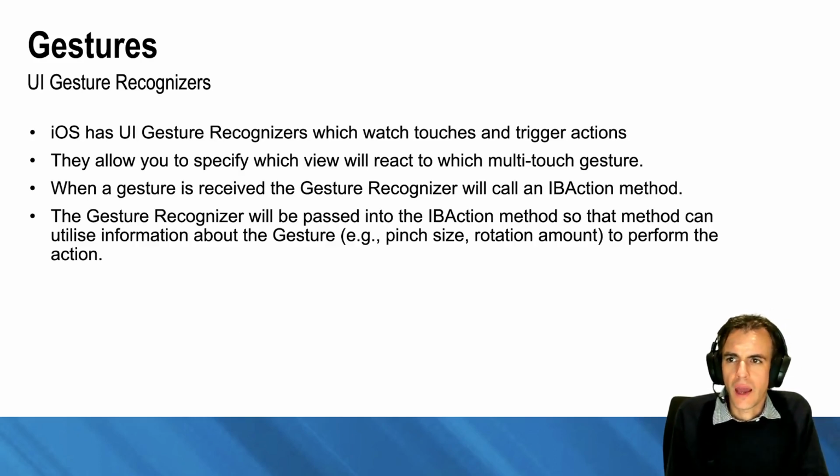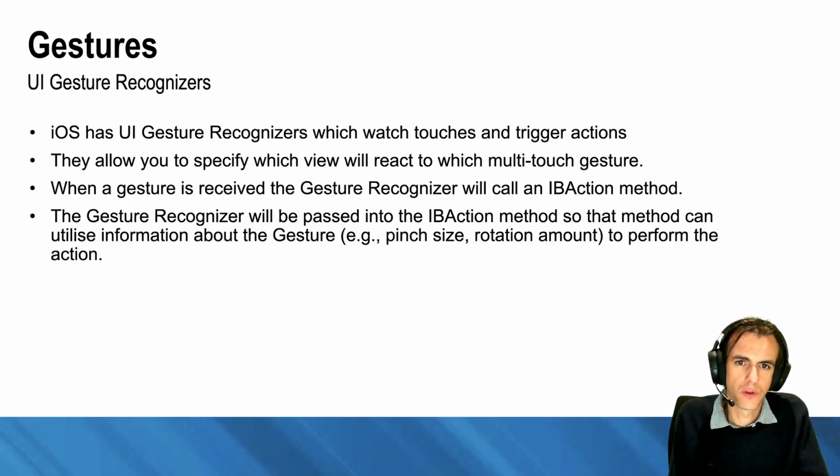So, how are the gestures actually recognized? Well, iOS has UIGestureRecognizers, and these watch touches and trigger actions, and we can create these gesture recognizers either using standard built-in gesture recognizers or our own custom ones, and we can attach these to the view hierarchy, and they watch for these gestures to be performed on a particular view.